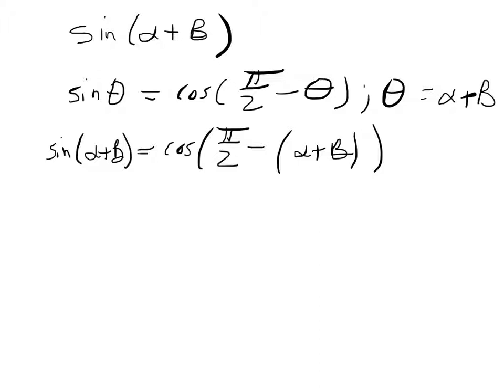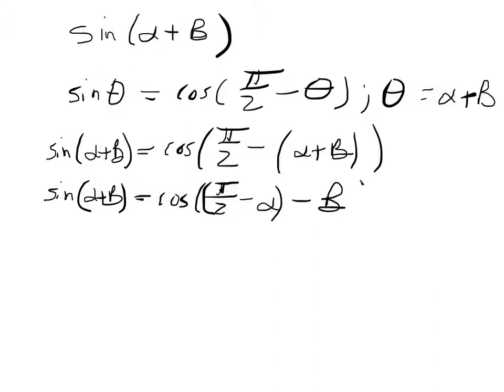Go ahead now and rewrite this as sine of alpha plus beta equals the cosine of, I'm just going to rearrange my parentheses, cosine of pi over 2 minus alpha minus beta. And then note what we have here in this expression. We have a cosine of an angle minus an angle. We have a cosine of an x minus y, and we just derived a formula for that previously.